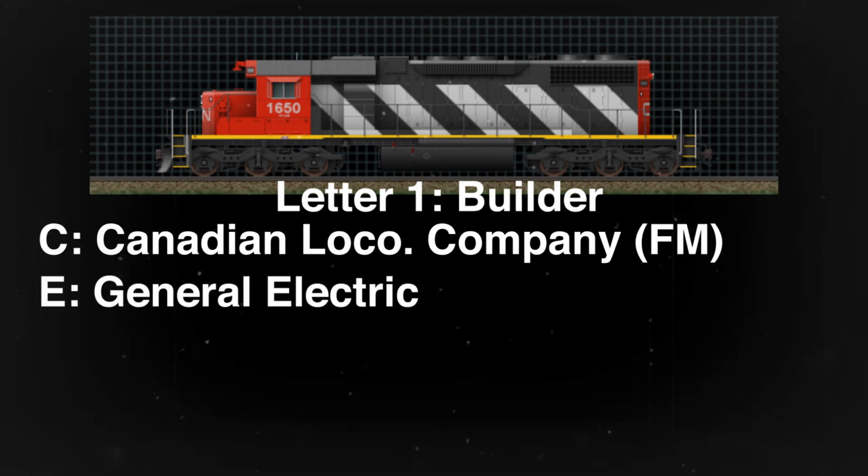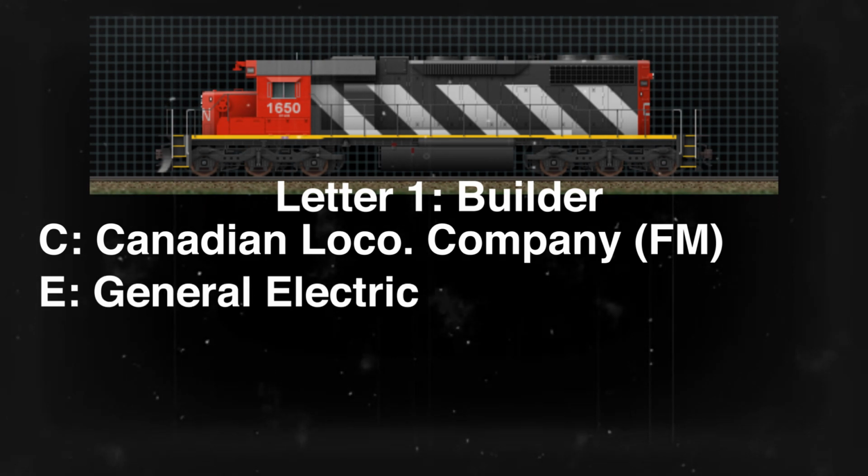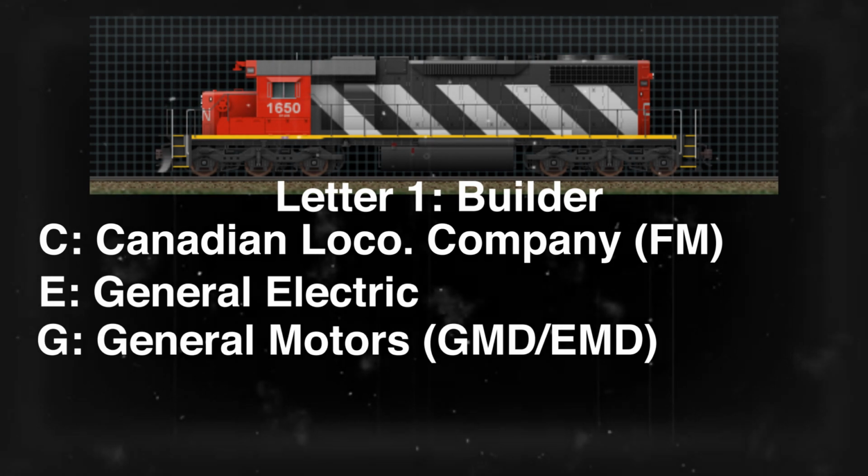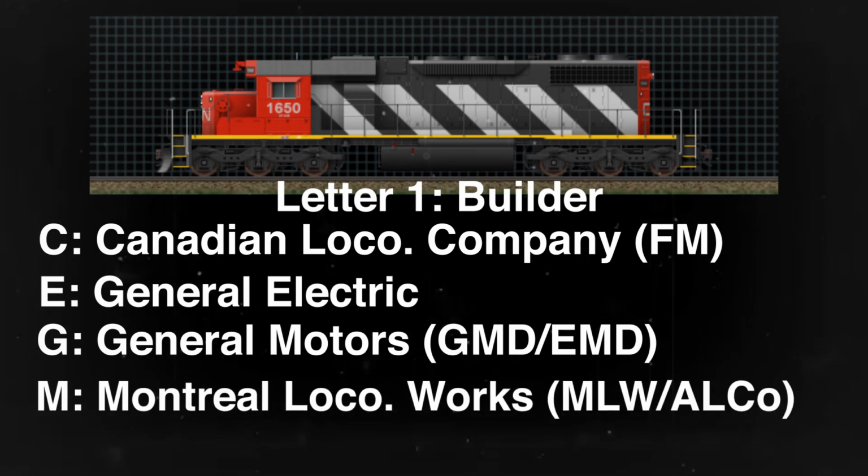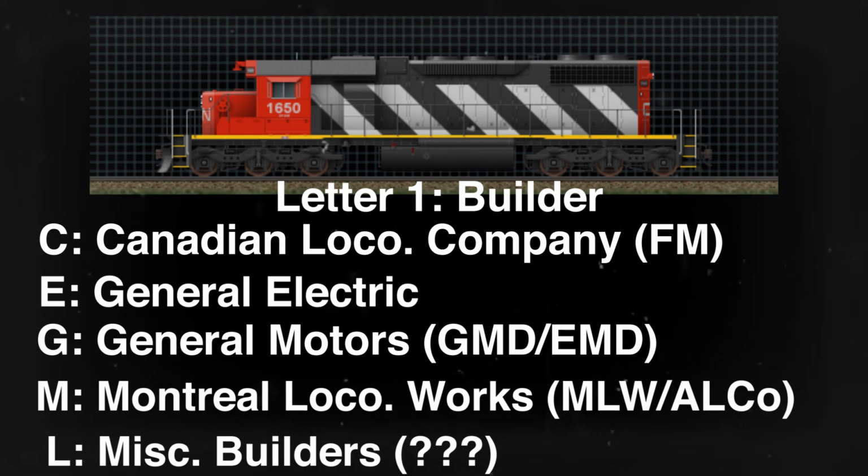E is actually for General Electric, or GE, and not EMD. G is for EMD, or technically GMD. M is for Montreal Locomotive Works, or MLW, as well as ALCO, American Locomotive Company, and Bombardier units. L would be for Miscellaneous Builders. Who exactly? I have no idea.